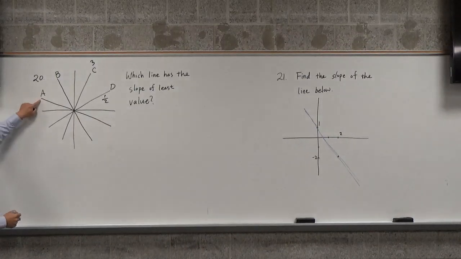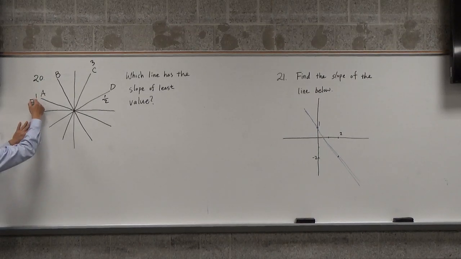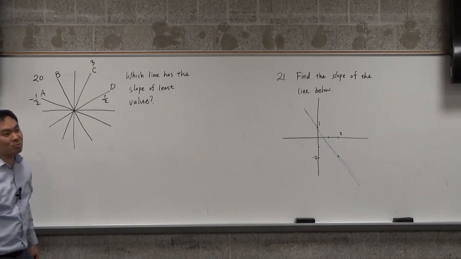Okay, so now back to this one. We know that A is negative, but it's also not that steep, right? So is the absolute value of the slope bigger than 1 or less than 1? Less than 1. So give me a number. Negative 1/2 will be a nice estimate of this slope.